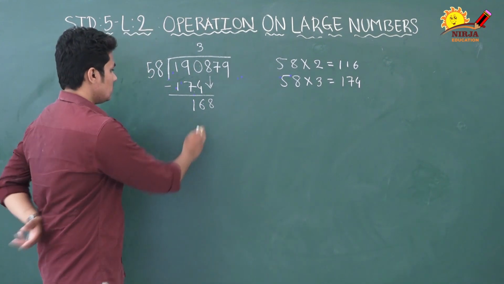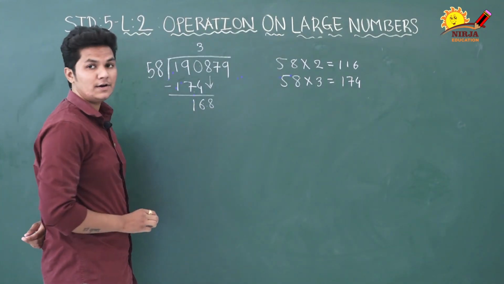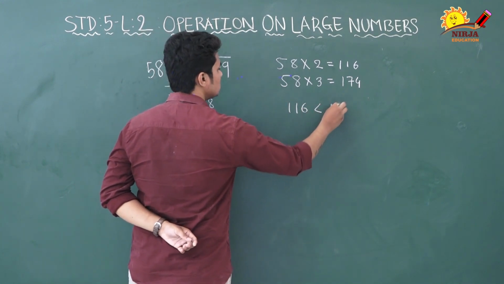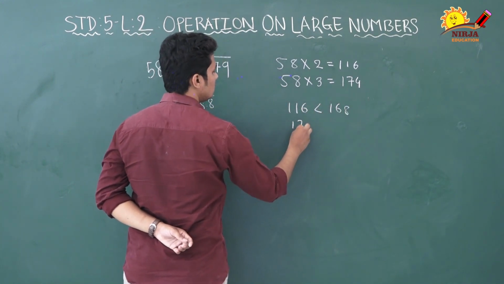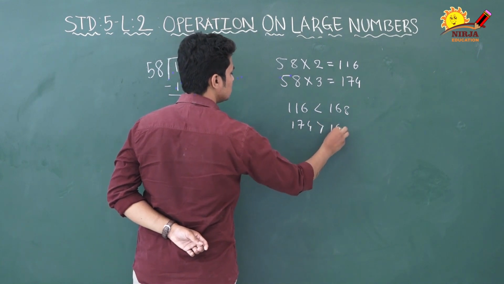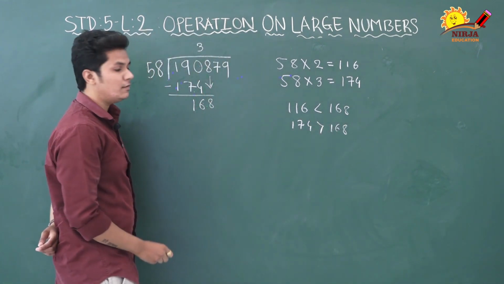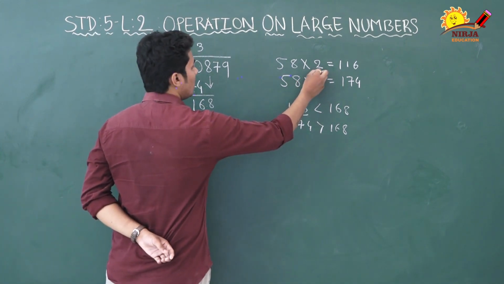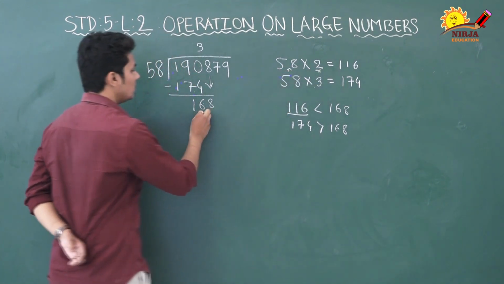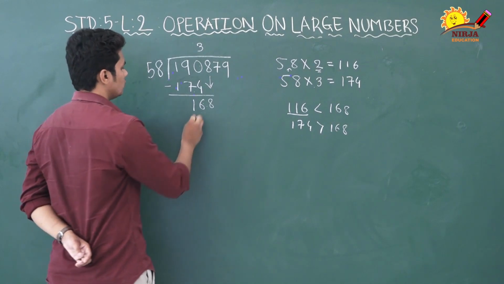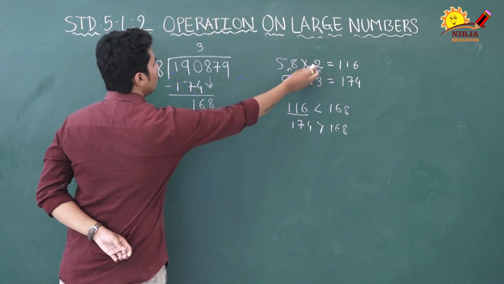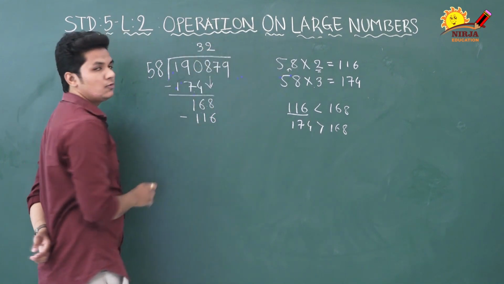Okay. So here the dividend is 168 and 116 is less than 168 and 174 is greater than 168. So we will write 116. So there are 2 times 58 in 168. So we will write 116 here and we will put 2 next to 3.